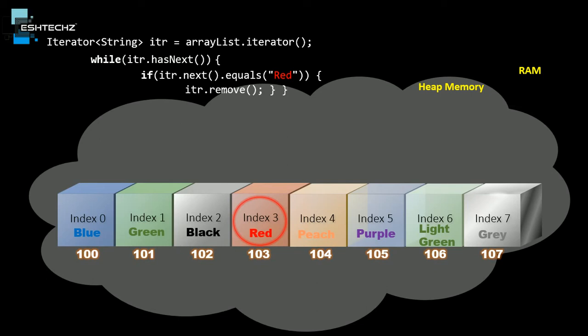If it becomes true, we want to remove that element. Now since I already mentioned, this iterator is unidirectional, which means it will start from index 0 and it will go on till index 7.